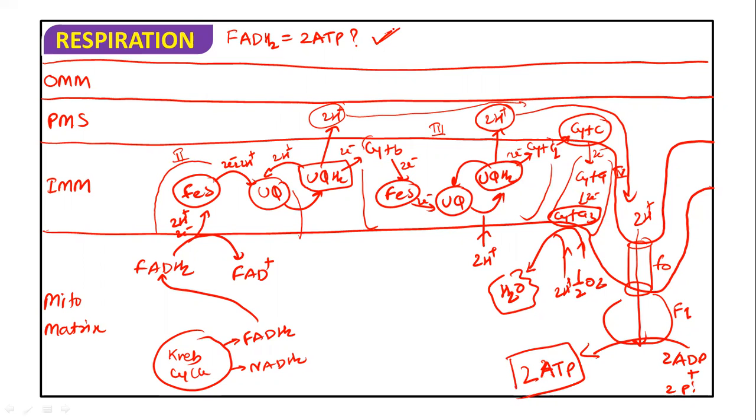Okay. The difference is that complex 1 is involved in NADH2 breakdown, but in FADH2 breakdown, complex 2 is involved. Complex 3 and complex 4 are common in both of them. Okay. So now we are getting it. Why we say NADH2 is equal to 3 ATP and FADH2 is equal to 2 ATP, we have now understood.